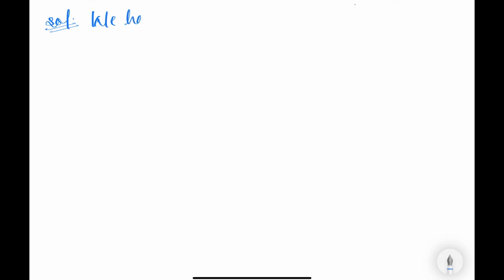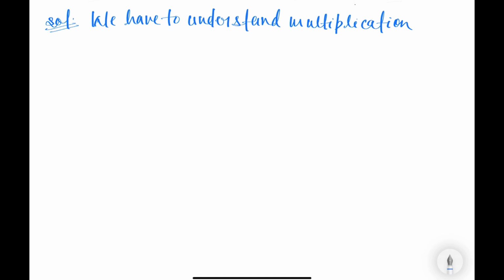We have to understand the multiplication logic.